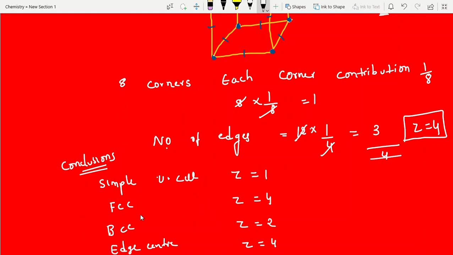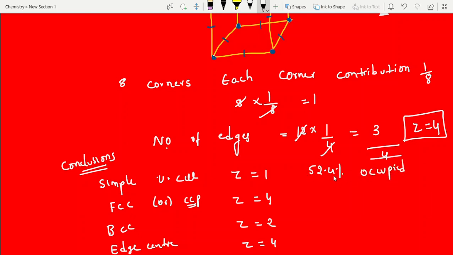Now next one here, FCC, sometimes they are asking CCP. Why? Because of packing efficiency. After completing the packing efficiency, we will come to know that out of all unit cells, FCC is more close packing. Simple unit cell is occupied by 52.4% only. To understand this one, I am giving the points.